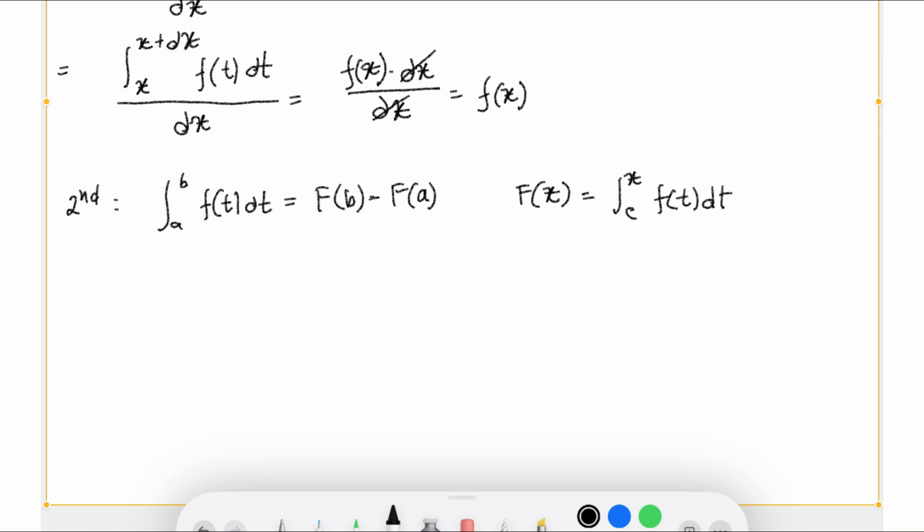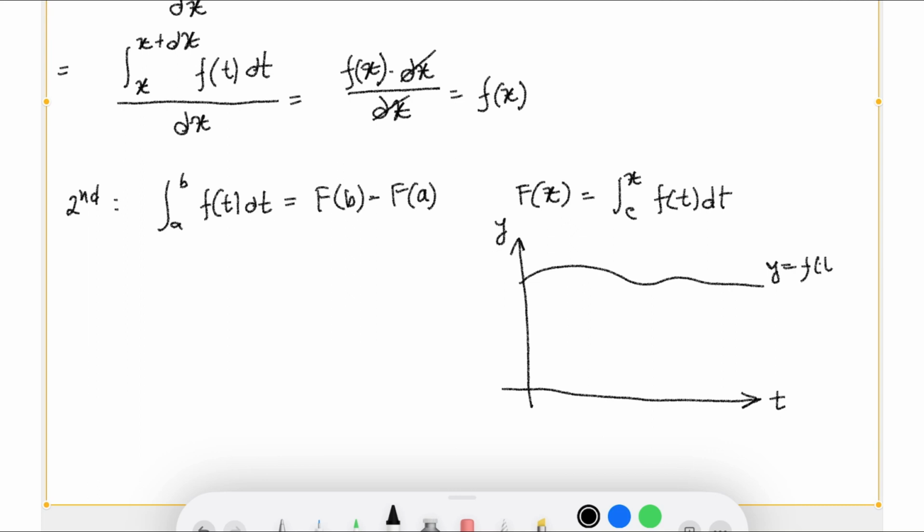Let's again visualize our functions. We have our function y equals f of t. And let's put our constants c, a, and b. And let's look first at F of b.